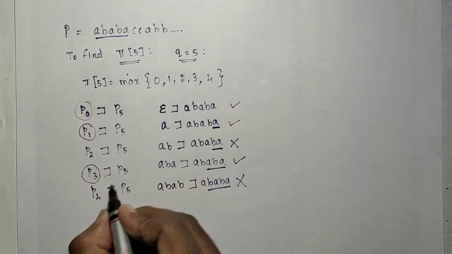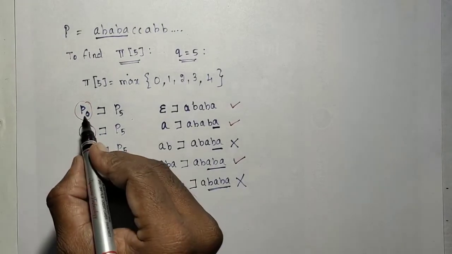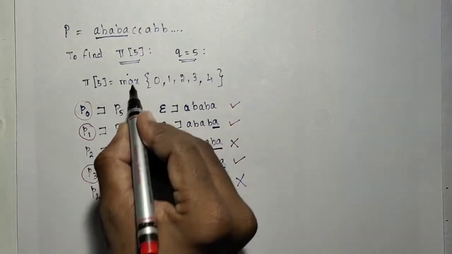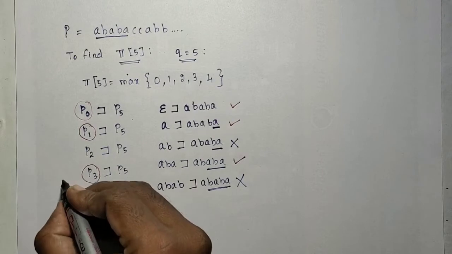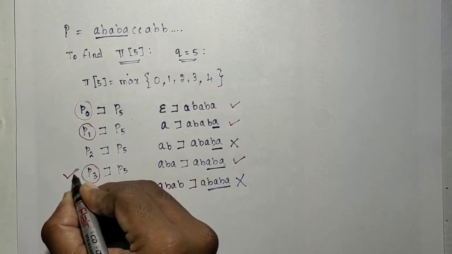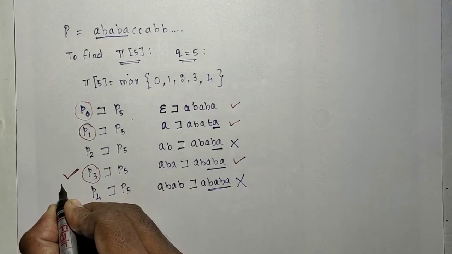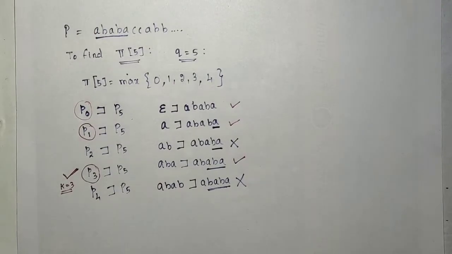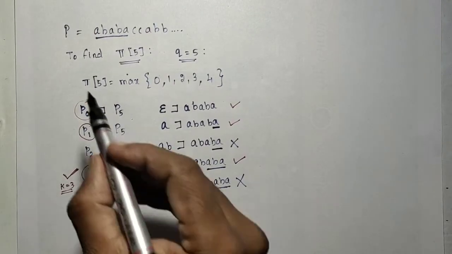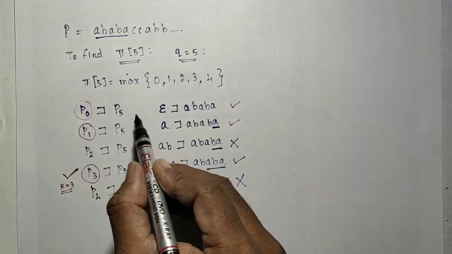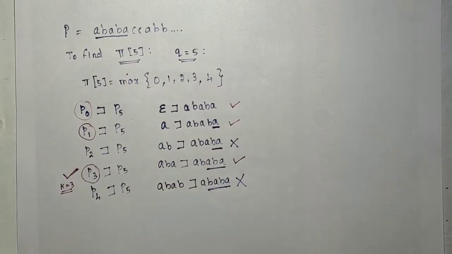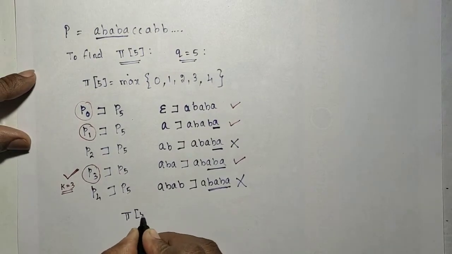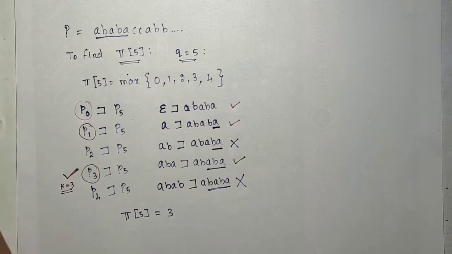P2 is not a suffix, p4 is not a suffix. So the competition is only between 0, 1 and 3. Among this, which is the maximum k value? 3. So the maximum k value that we need to choose is p3. So k equals 3. For that we obtained the condition that p3 is a suffix of p5. Even though p0 and p1 are proper suffixes of p5, we need to choose p3. So pi of 5 is equal to 3, like that we need to find it.